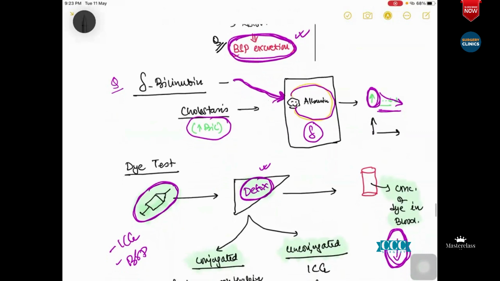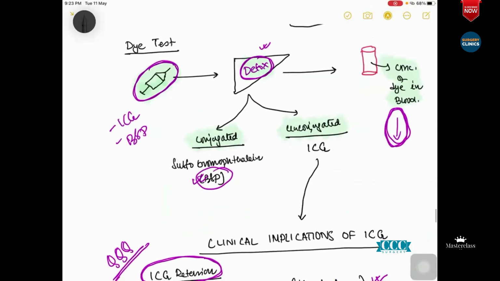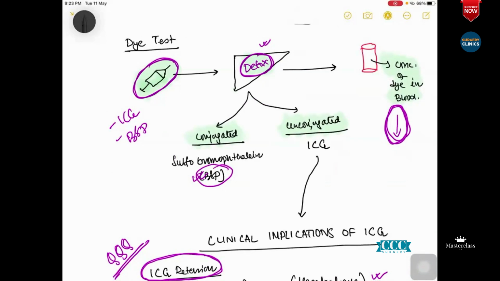Now, dye tests, I think Sir has discussed this very well. I just summarized it in a very brief way. The two dyes that were used are indocyanine green, R15, and bromsulphalein. Bromsulphalein gets conjugated and ICG doesn't get conjugated, and you measure the concentration again in the blood.